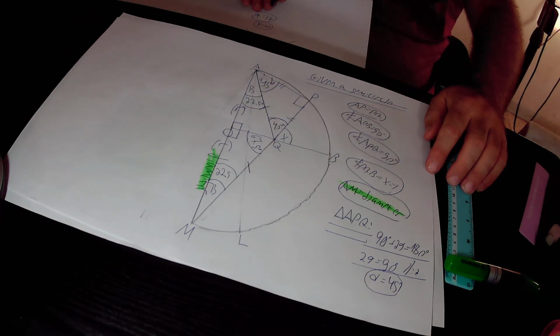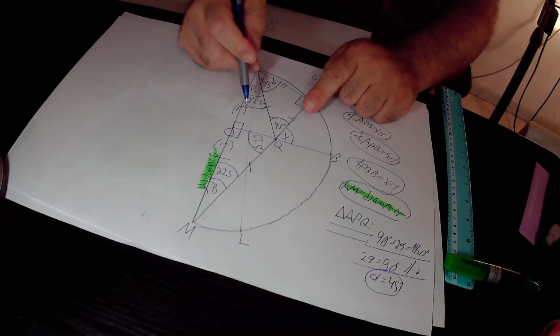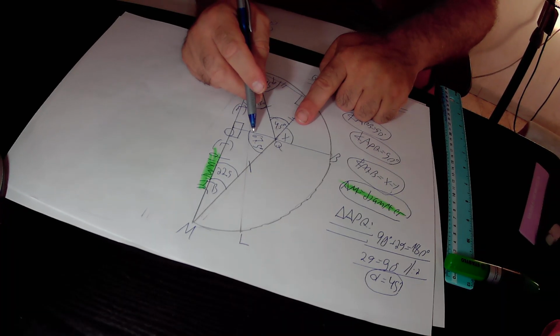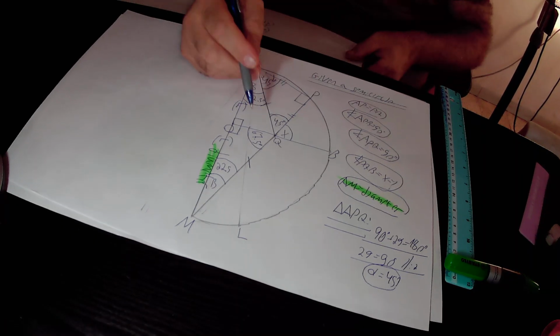Here we can implement this rule. In our drawing, we have those two vertex angles that are equal to each other in their sizes.